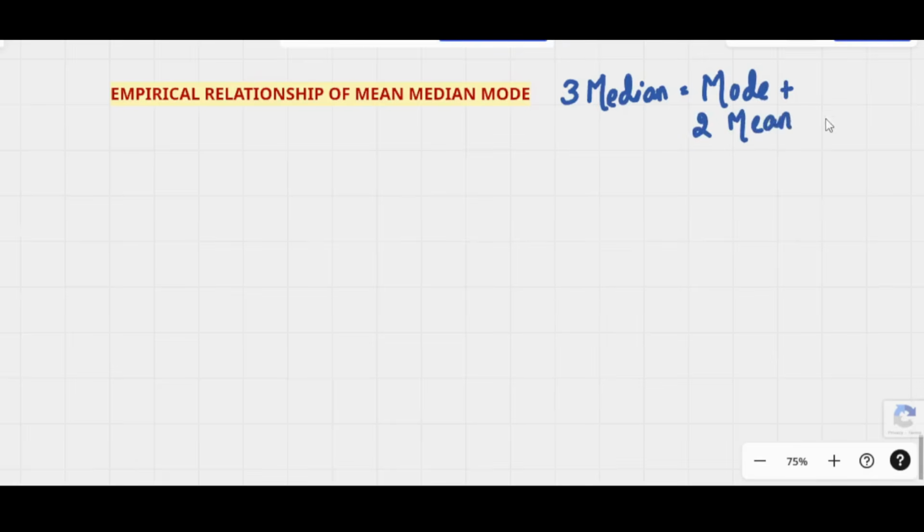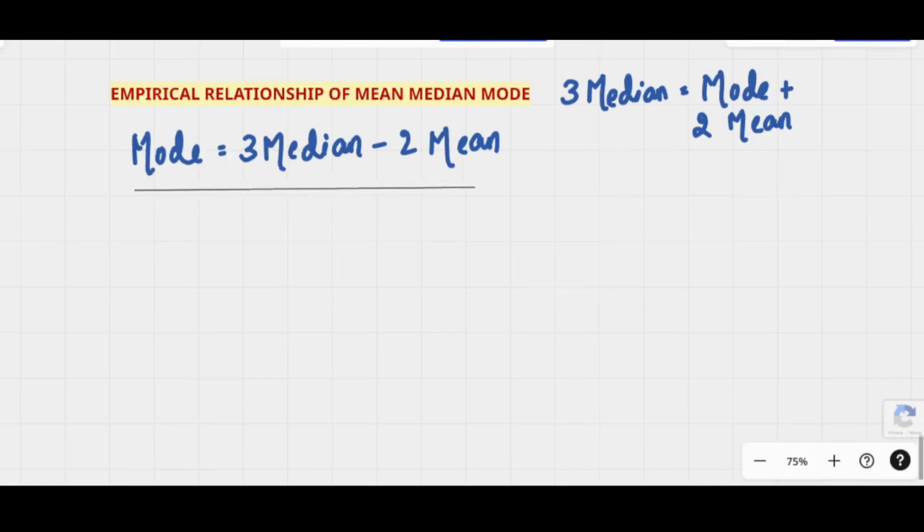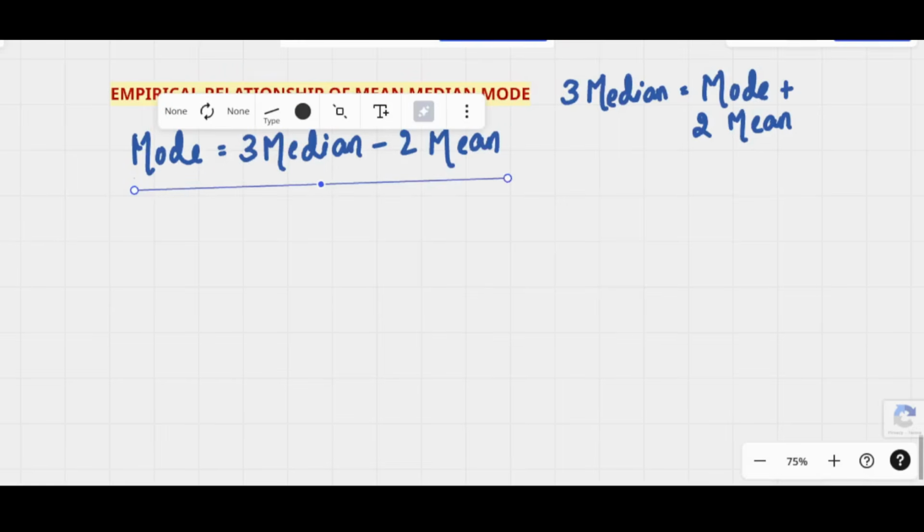So we can also write it as mode is equal to 3 median minus 2 mean. You can remember this as the standard empirical relationship between mode, median and mean. Mode is equal to 3 median minus 2 mean.